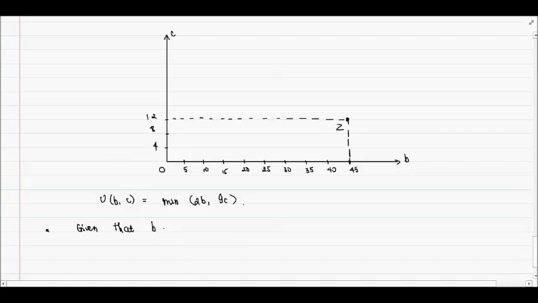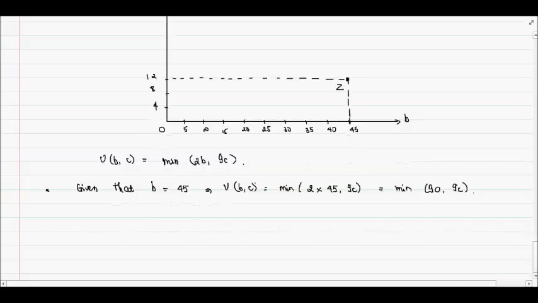If we keep the same amount of B at 45, then the utility level is equal to the minimum between 2 times 45 and 9C, which is the minimum between 90 and 9C.